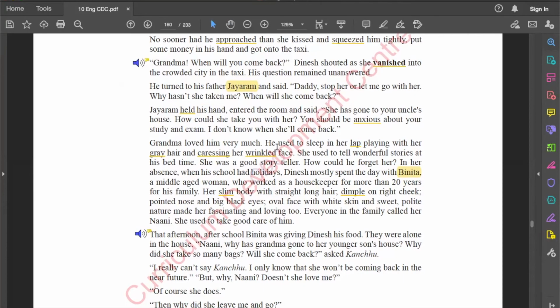Grandma loved him very much. He used to sleep in her lap, playing with her gray hair and caressing her wrinkled face. So, what Dinesh used to do, that he used to sleep in her lap. Lap, that is folding legs.